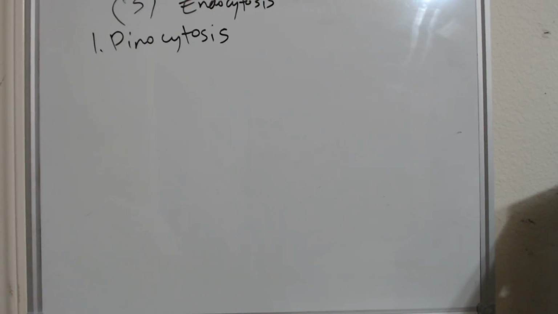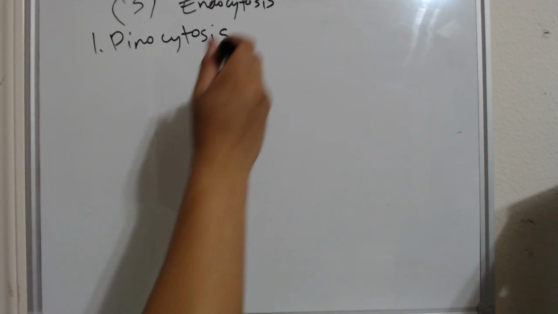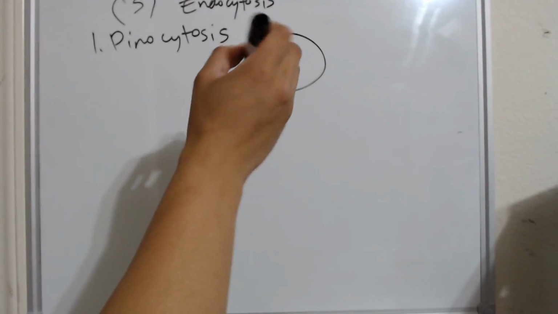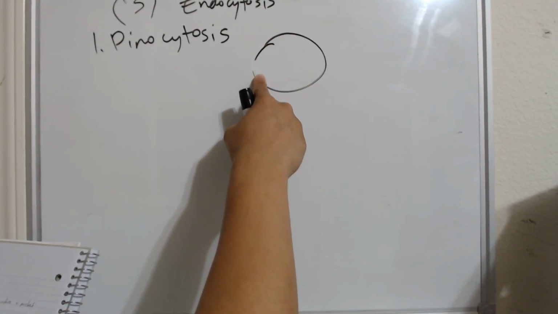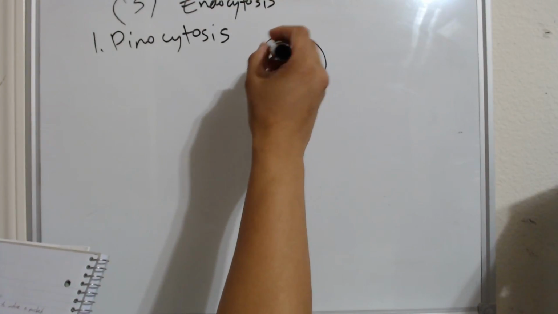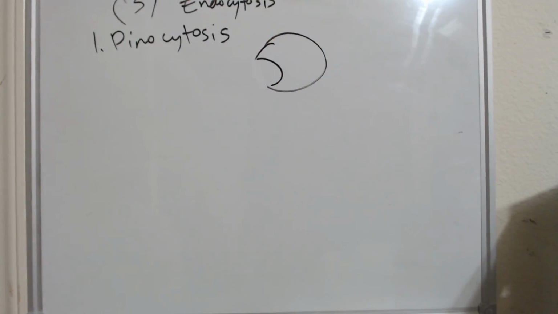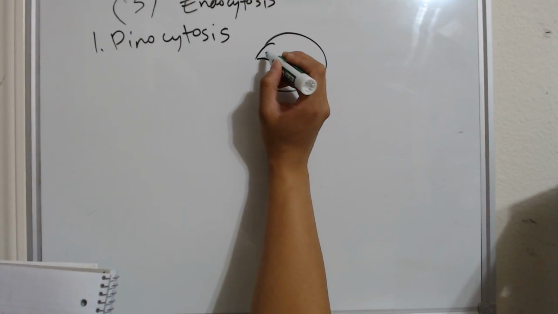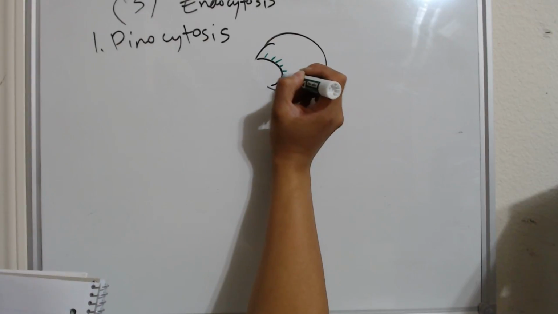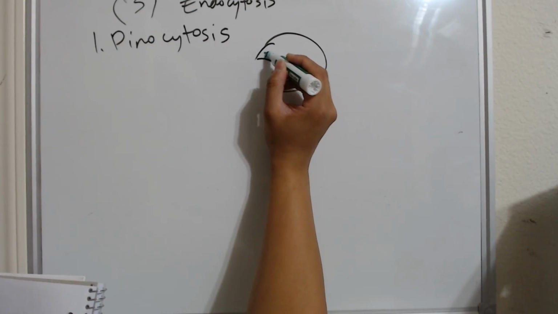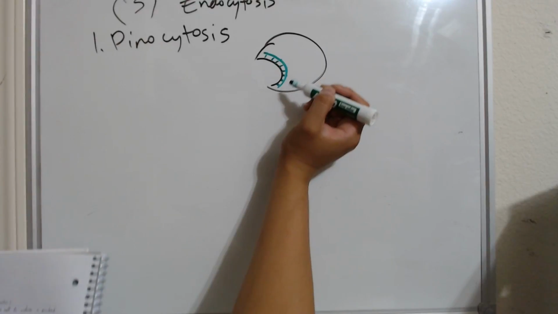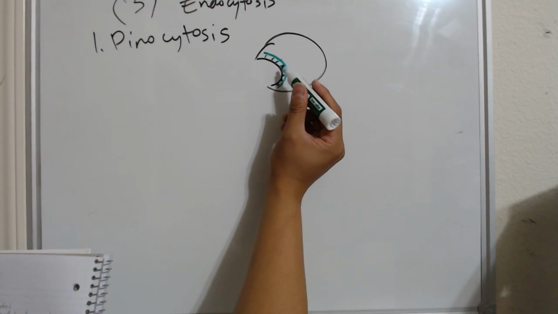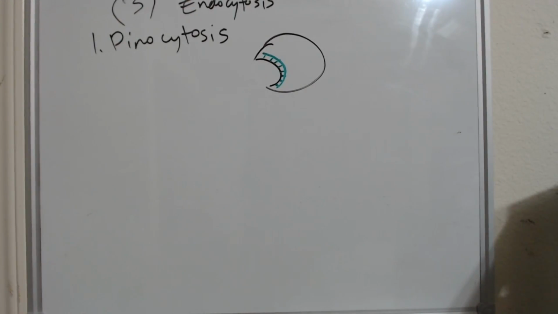Now, one thing that happens in endocytosis is that inside the cell, the codimers, they're being shown again. Codimers are pretty important for the cell to make a pocket. As it seems, codimers will come from inside the cell instead of outside, and it will attach to the plasma membrane.